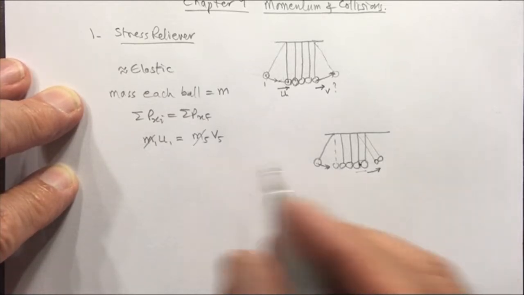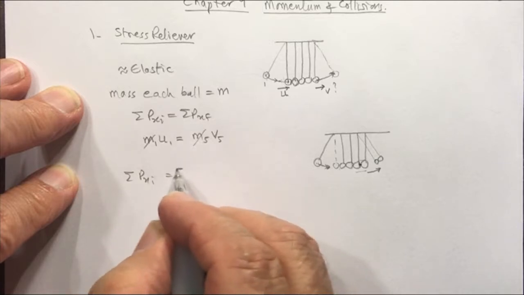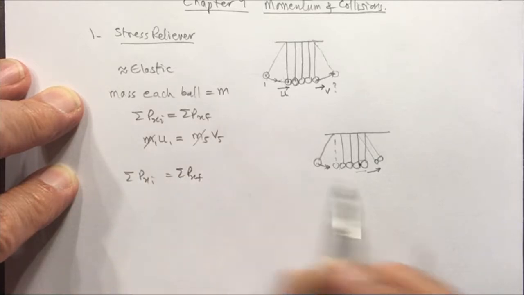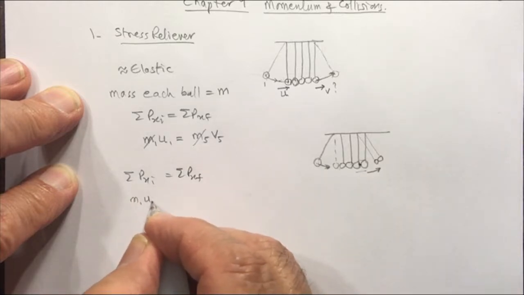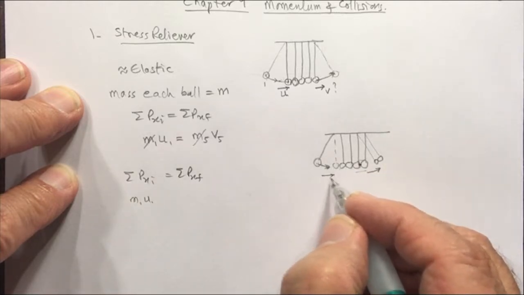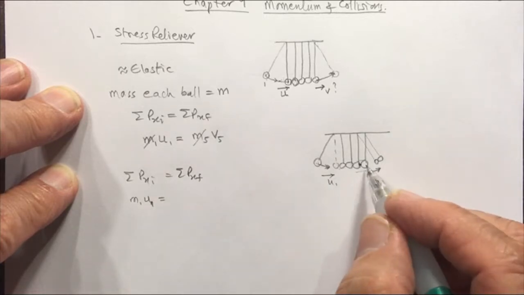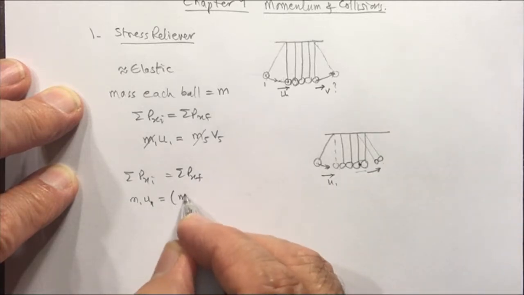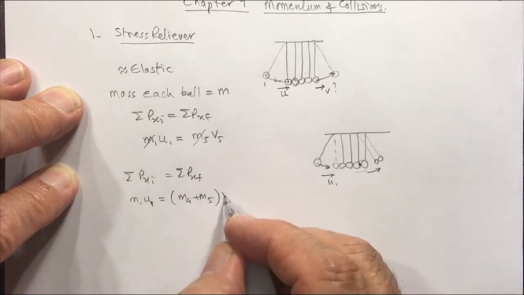We can apply that the sum of the momentum in the x direction initial is the sum of the momentum final. So this is m1 u1, the speed with which it hits here, and this will be m4 plus m5, and they go off with some speed v.